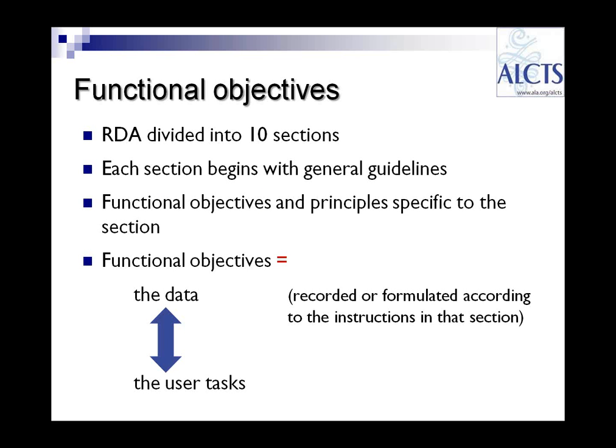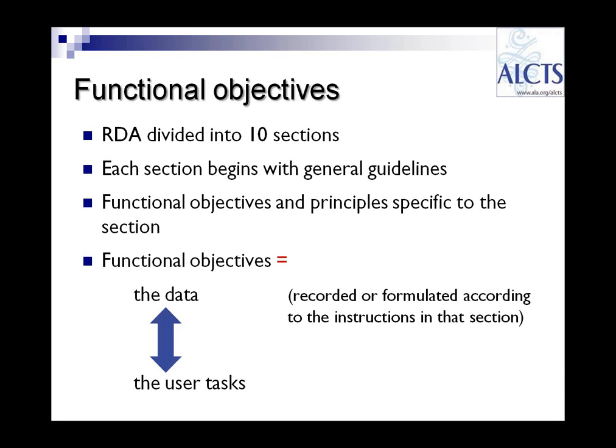Now, one of the places where we see this, we have the objectives and the user tasks mentioned in the introduction. Then RDA is divided into 10 sections, as you probably know, and each section begins with general guidelines. Within that chapter of general guidelines, there are functional objectives, and these functional objectives are specific to the section.